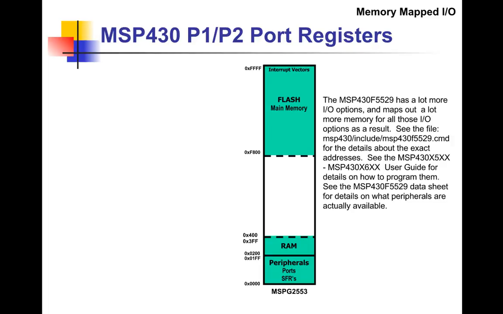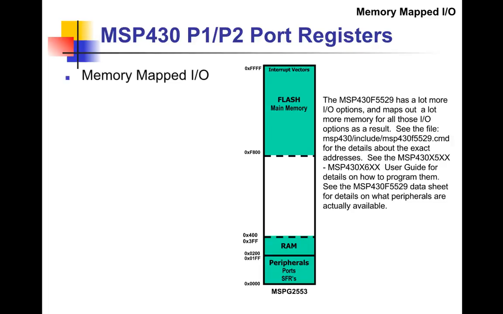And then the lower 0 through 01FF, those 200 hex locations, are peripherals and special function registers. And then there's RAM between 200 and 400. That's the random access memory that you can store variables in that are changing.